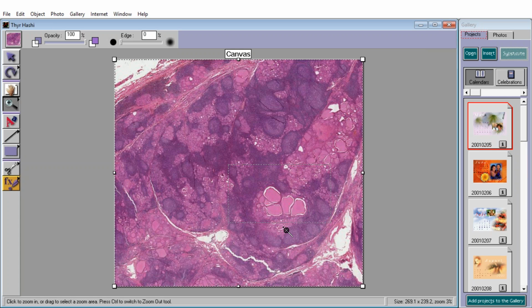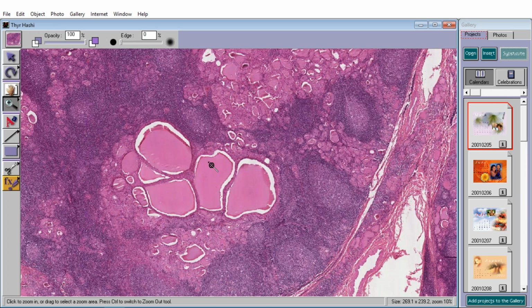So look, we have a few remnant thyroid follicles filled with thyroglobulin, or colloid, so to speak. But then we have these lymphoid follicles infiltrating and surrounding. So now we have lymphoid follicles and lymphocytes infiltrating the thyroid gland.